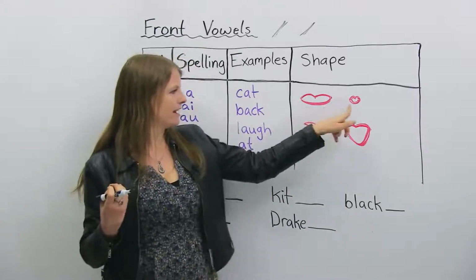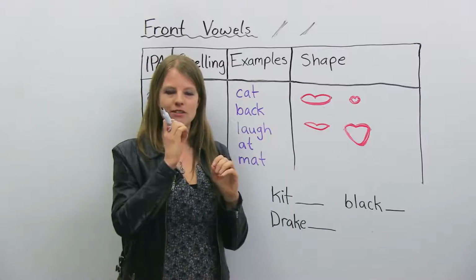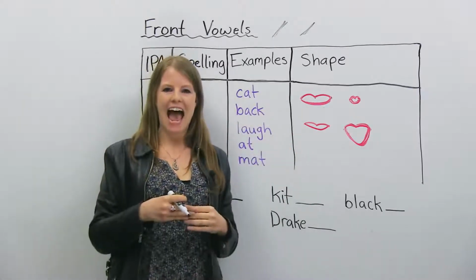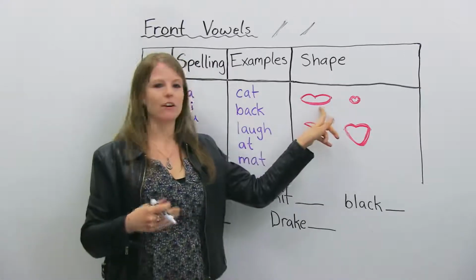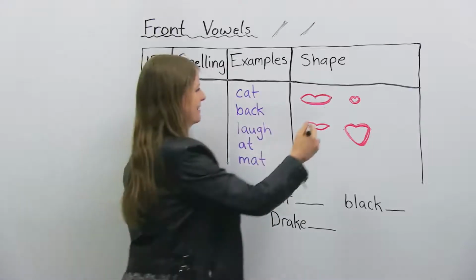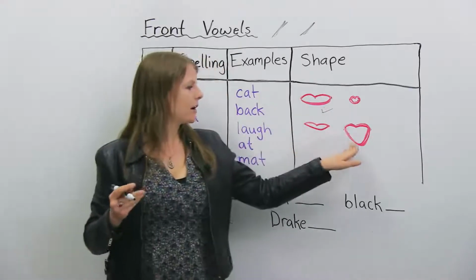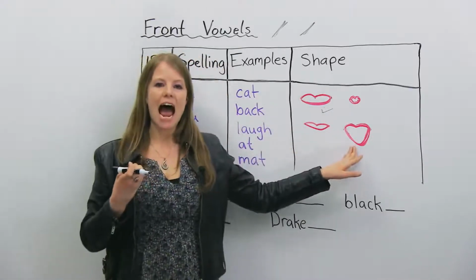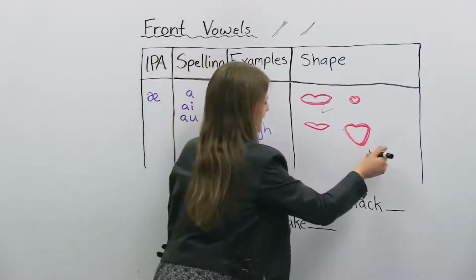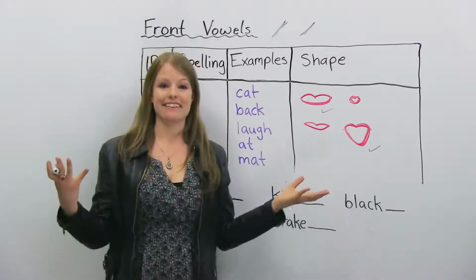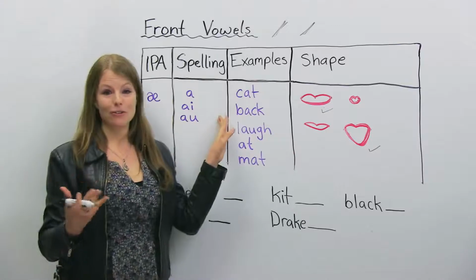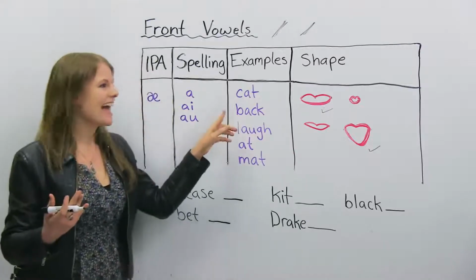If our mouth is very small or very spread, it's more like this. With this sound, your mouth is very tense and big, and at the same time, very open. Ah, ah. This sound is the biggest sound.